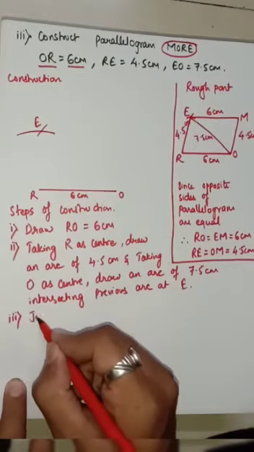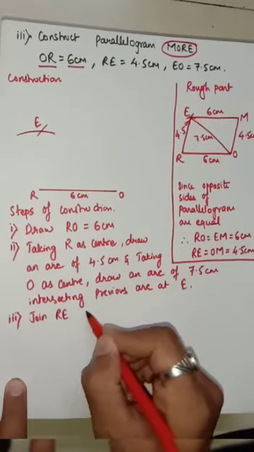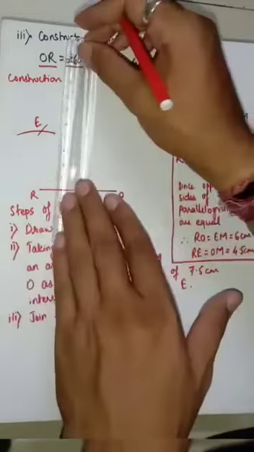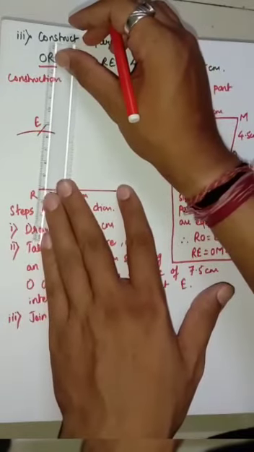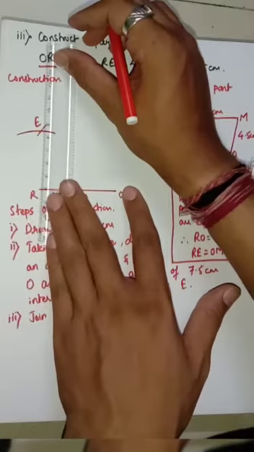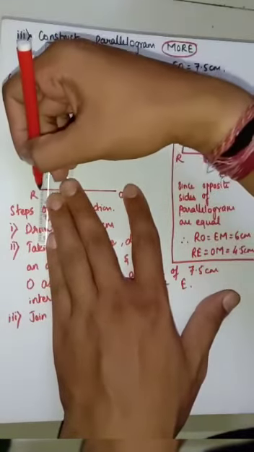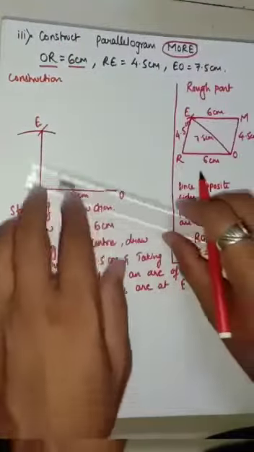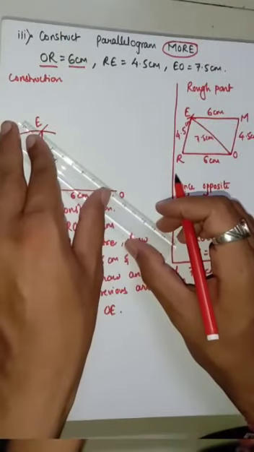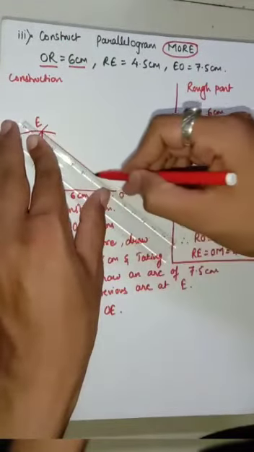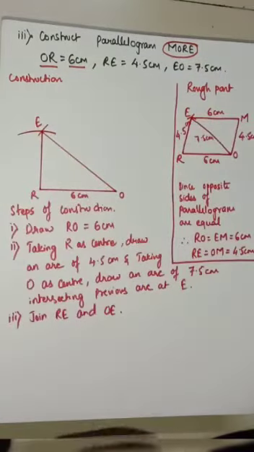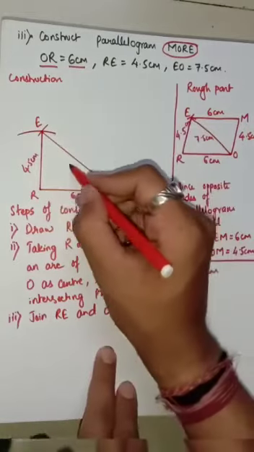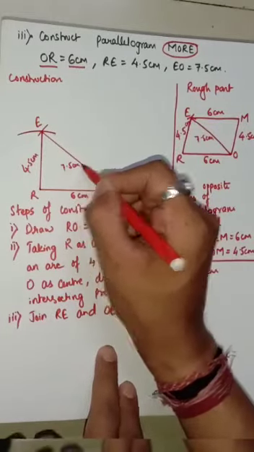So from R to E we are joining, and from O to E we will join. This part is completed. This is of 4.5 centimeter and this is of 7.5 centimeter.